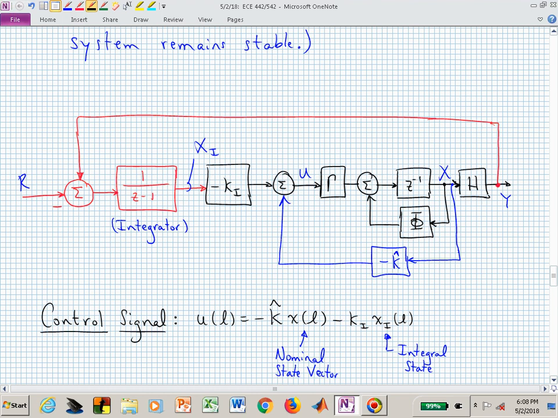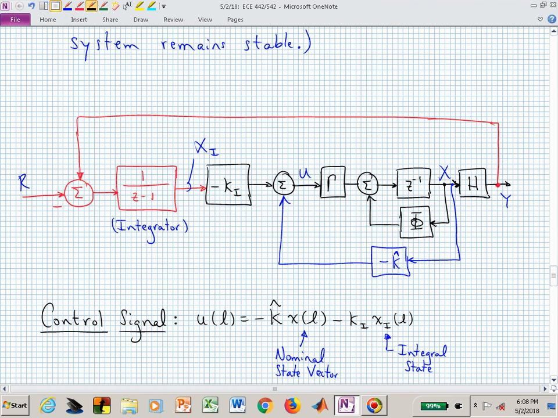If u of k is a single input, what do you know u of k is as far as it's a scalar. It's a matrix that's 1 by 1. Well, if this equation is true, then everything on the right needs to be a scalar. It needs to be a 1 by 1 matrix when you end up performing the multiplication. And that now forces the dimensions on k hat, and it forces the dimensions on k sub I.